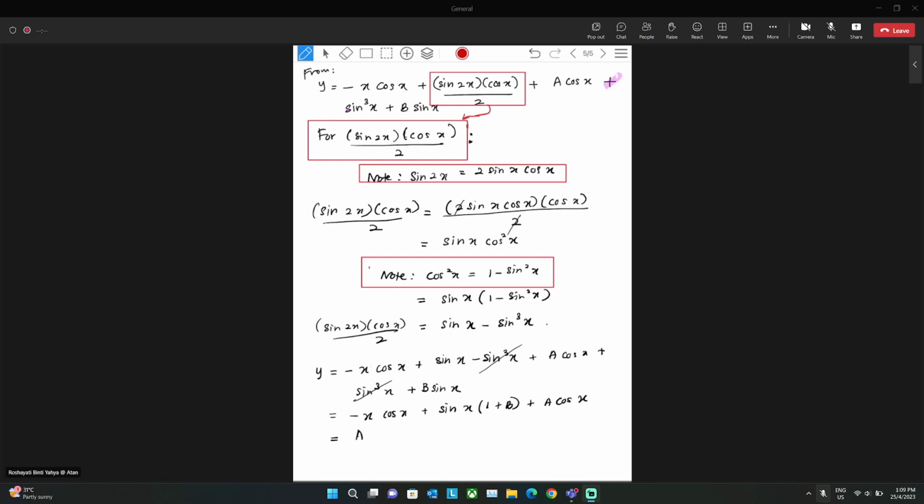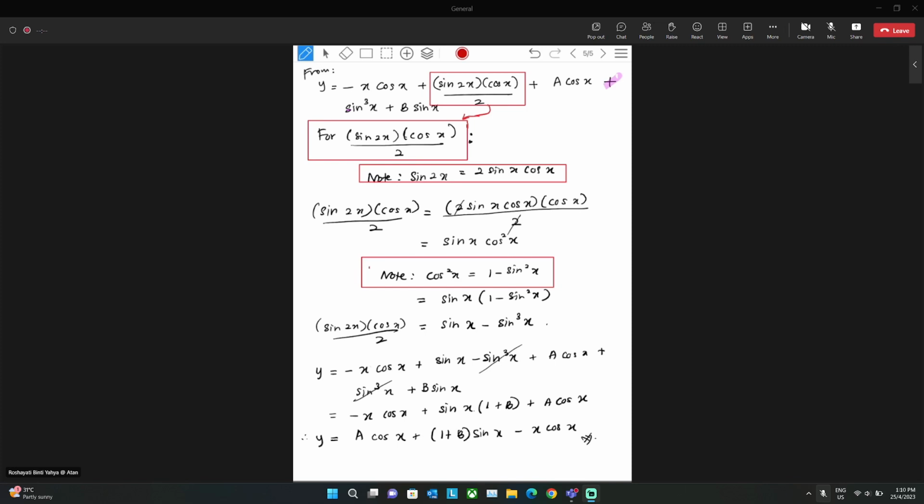So we start with a cos x, and then 1 plus b, sin x, after that minus x cos x. So this is your y.